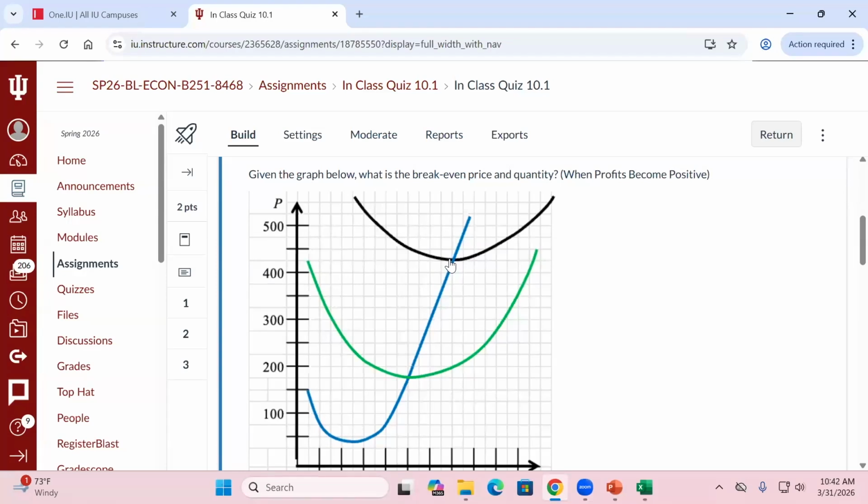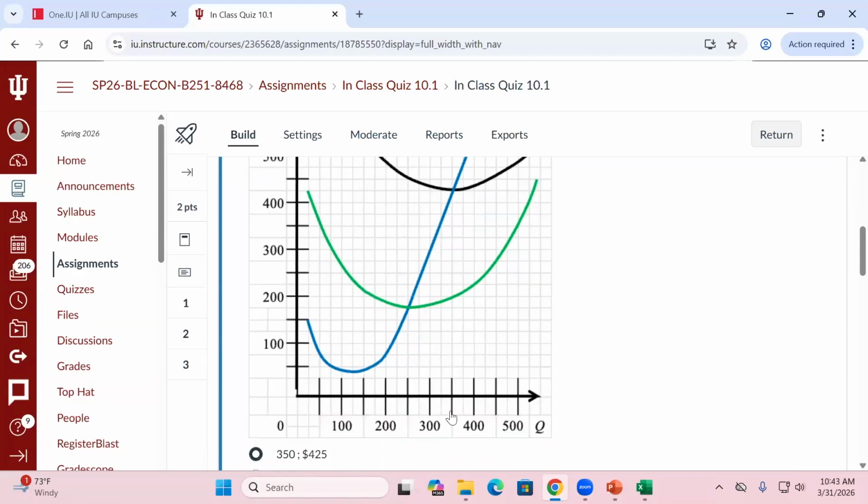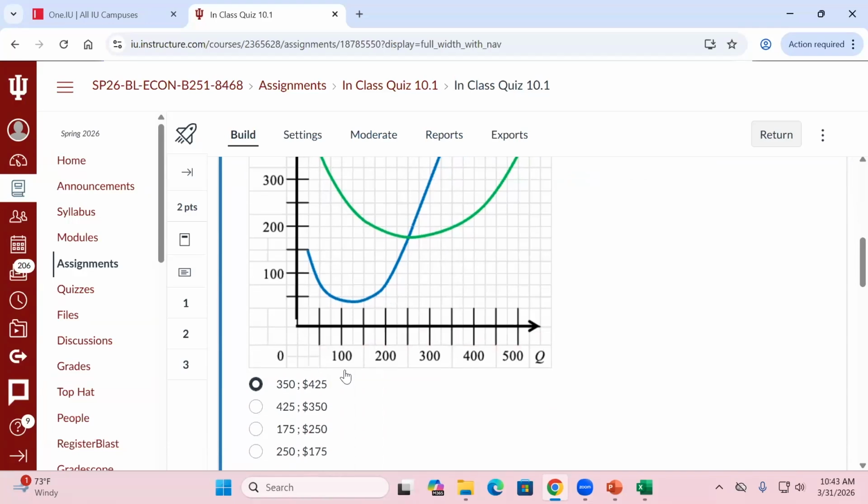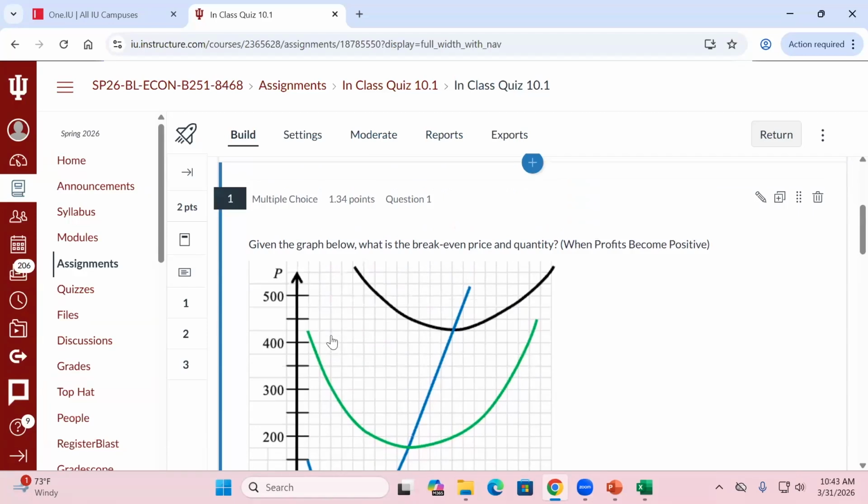It's the difference between price and average total cost, but those are now the exact same value. So that difference is 0, and my profits would be equal to 0. And what quantity does that correspond to? A quantity of 350. Okay. So our break-even quantity and price there: a quantity of 350 at a price of 425. Okay.